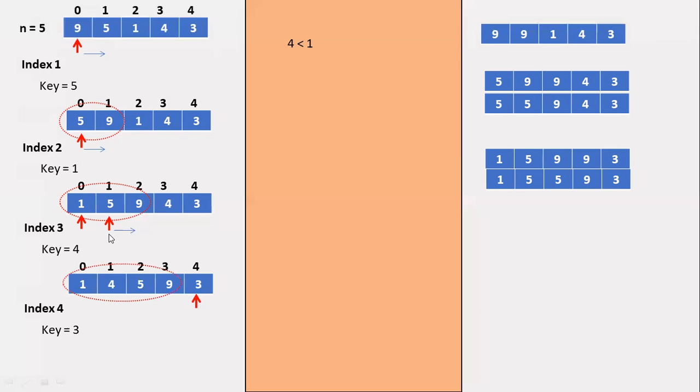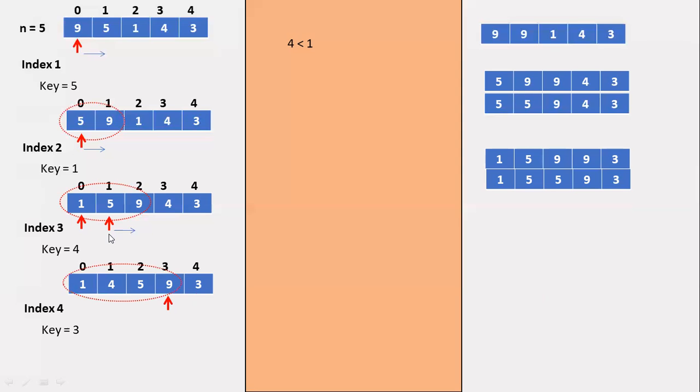Now again the same story repeats. We need to compare the key with all the left hand side elements. First we compare the key with the fourth element, the immediate element of the key. 3 is less than 9, the condition is true. So we move 9 towards the right, to the next index.